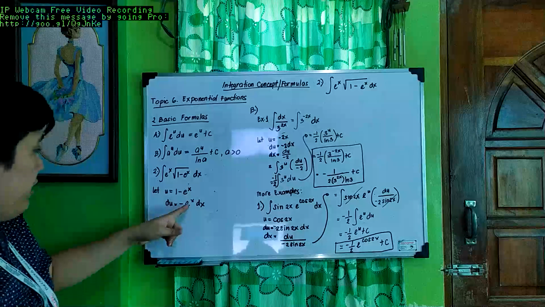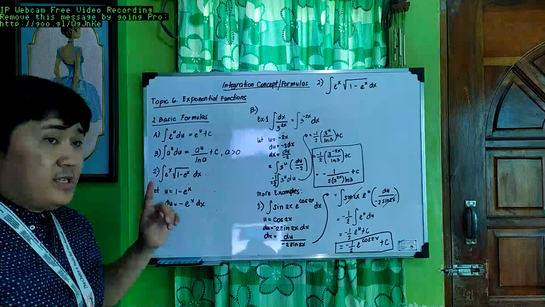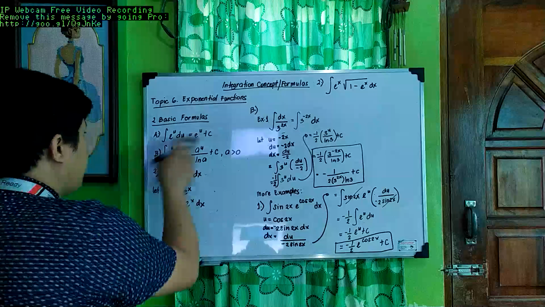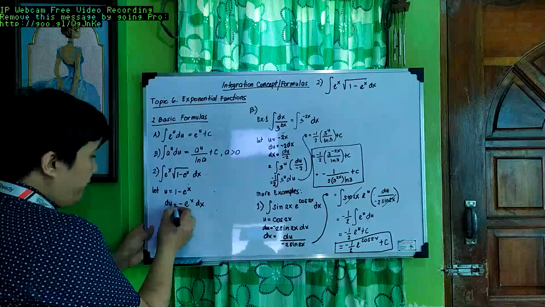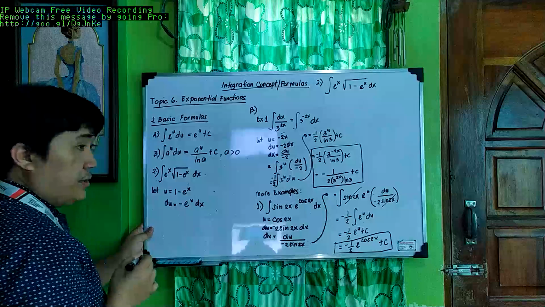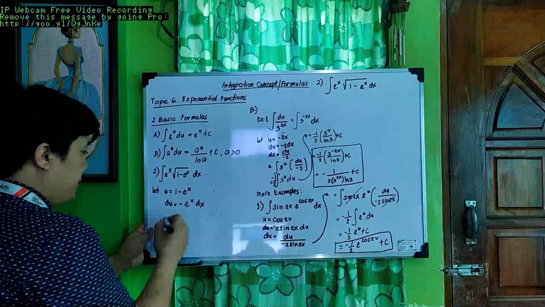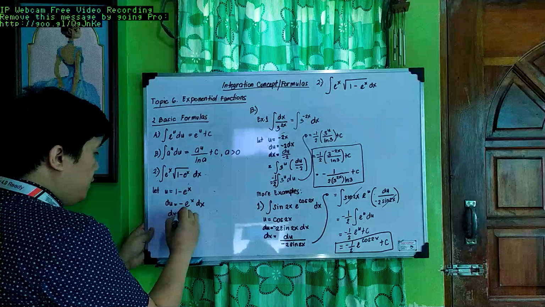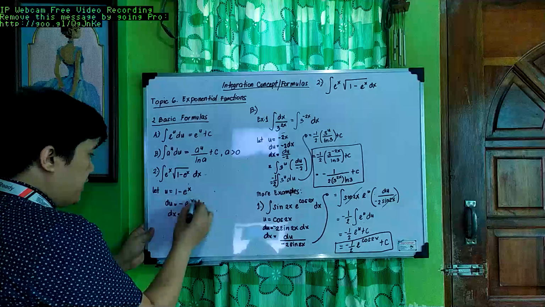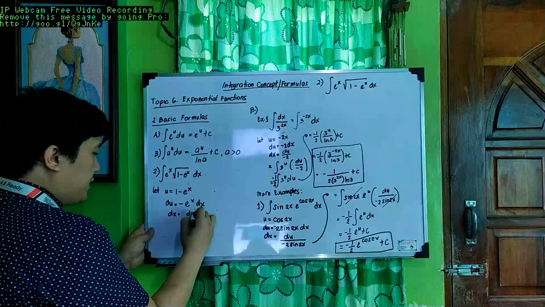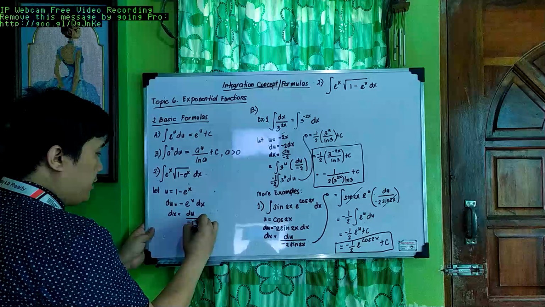Okay? So the derivative of e raised to the power of x is still e raised to the power of x, the same as the integral. So negative here because you have a 1 minus. Okay? So your dx will be, transposing the negative e raised to the power of x to the other side, you have du over negative e raised to the power of x.